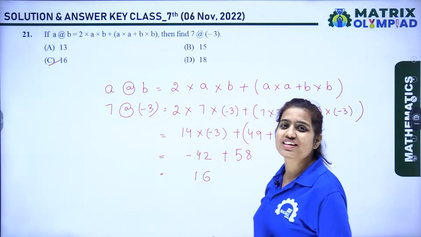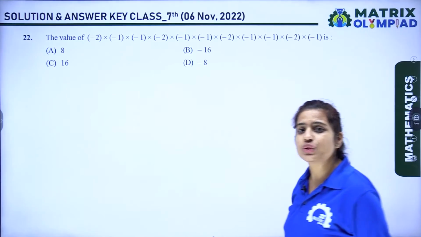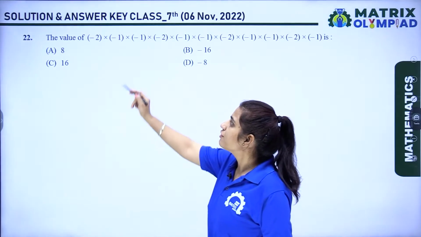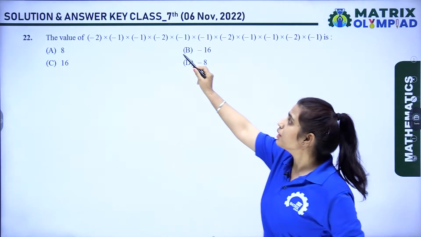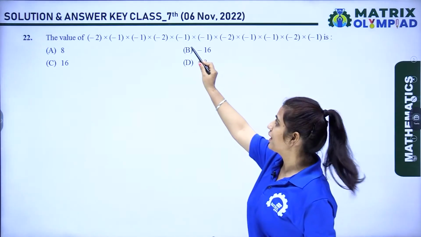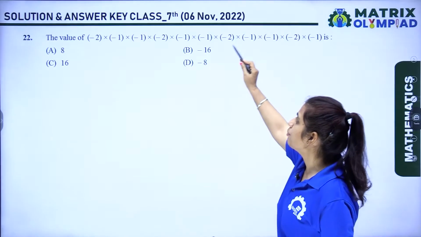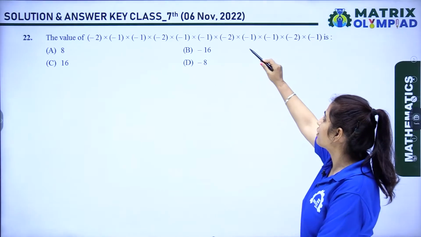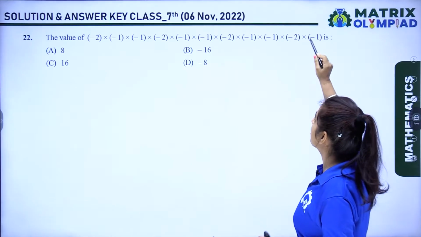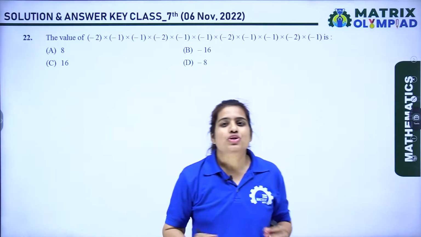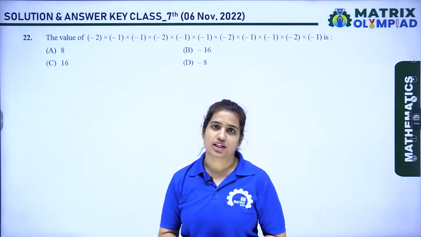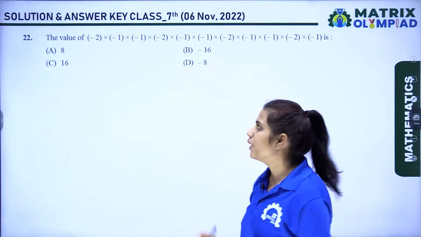Let's begin with the next question. Now, question 22. The value of negative 2 multiplied by negative 1 multiplied by negative 1 multiplied by negative 2 multiplied by negative 1 multiplied by negative 1 multiplied by negative 2 multiplied by negative 1 multiplied by negative 1 multiplied by negative 2 multiplied by negative 1 is so long multiplication, but very easy.